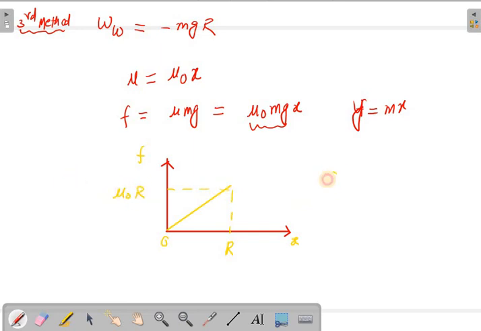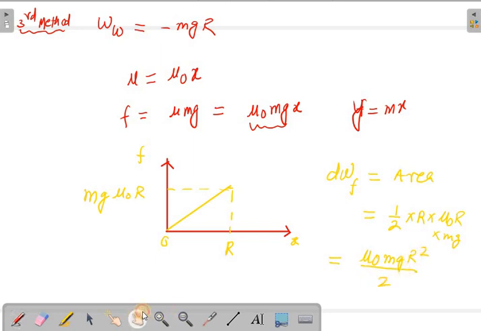The work done by the force of friction Wf will be equal to the area of this triangle, equal to half into r into mu naught mg r, that becomes mu naught mg into r square by 2.